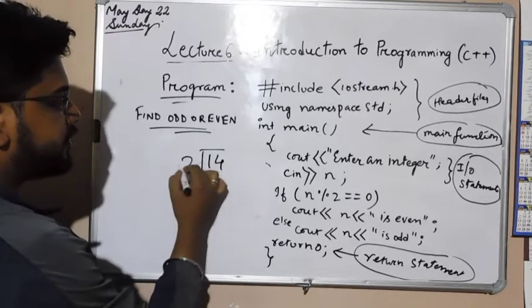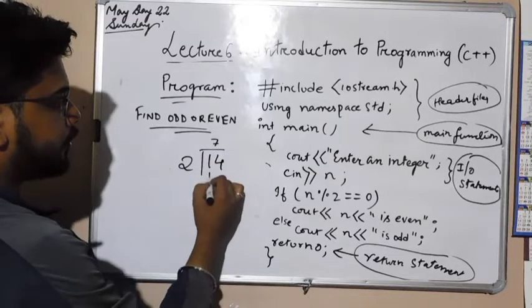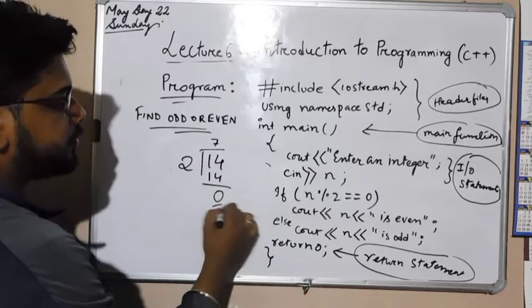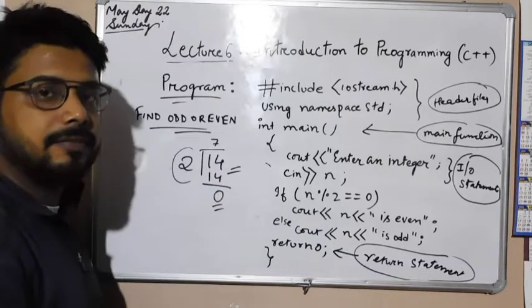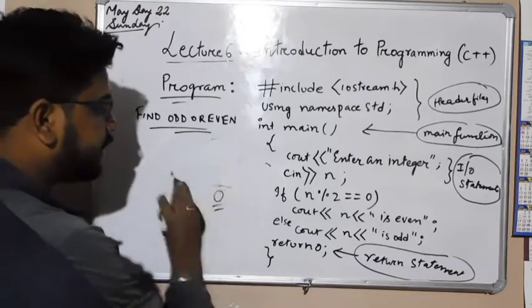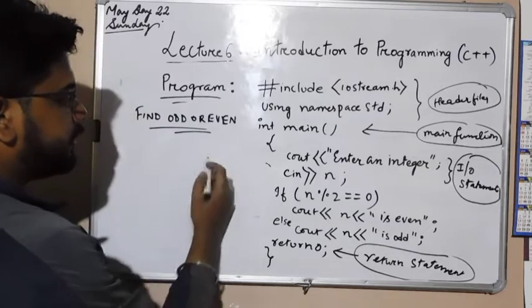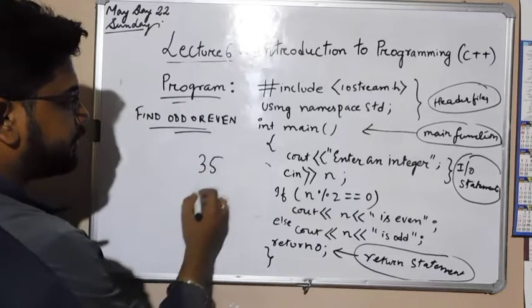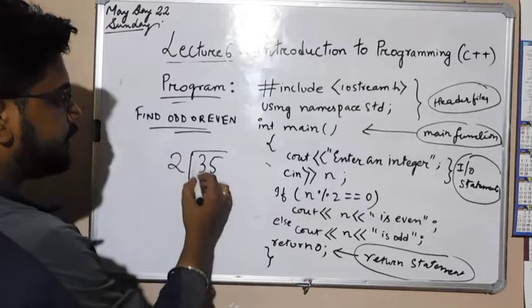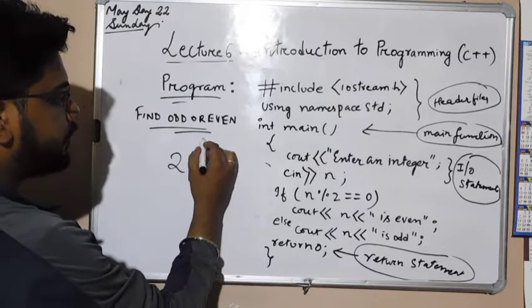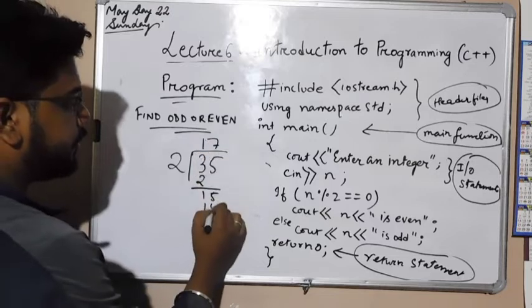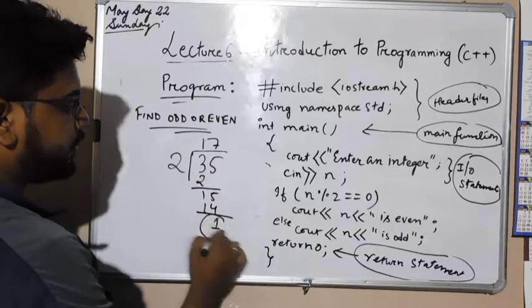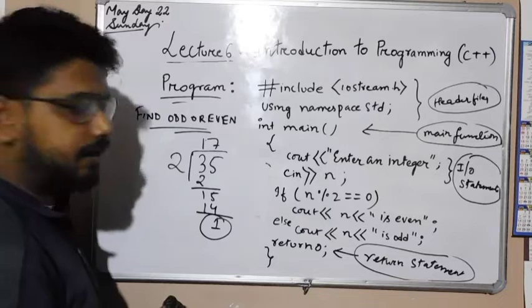If a number is divisible by 2 and the remainder is 0, that means this 14 is even. Let us take another example, 35. If we divide it by 2, 2 7s are 14, and the remainder is 1.